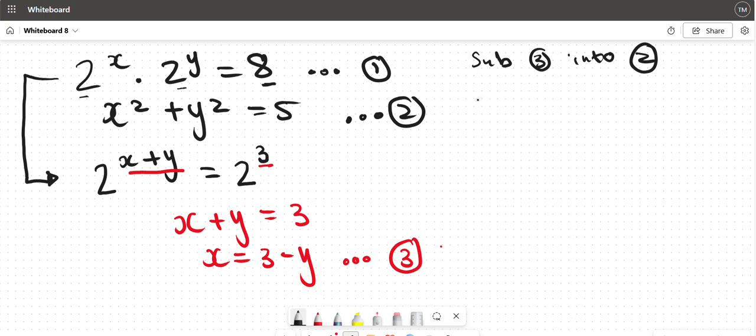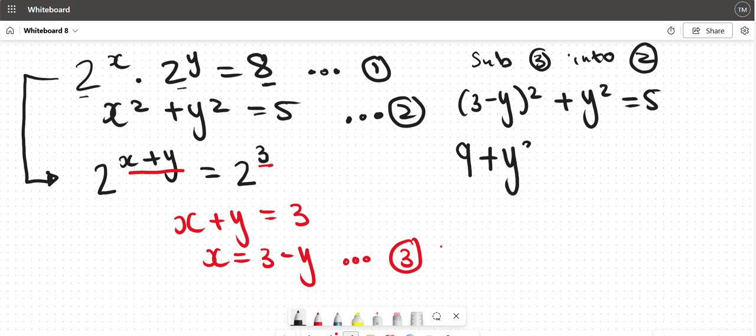All right, let's substitute. So if I see x, I'm going to put in brackets 3 minus y, squared. I still have my y squared, and all of this is equal to 5. Again, square the first term, square the second term, times them together, and times them by 2.